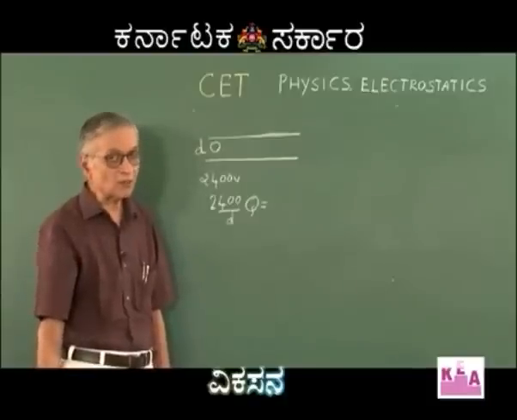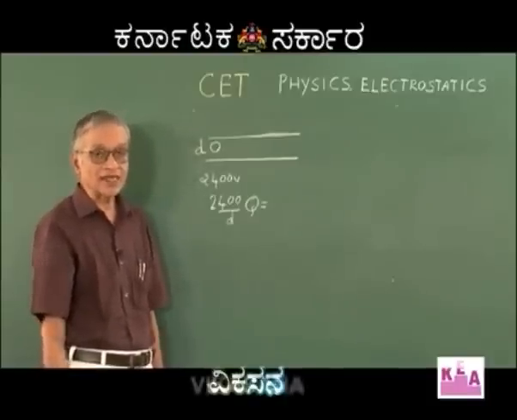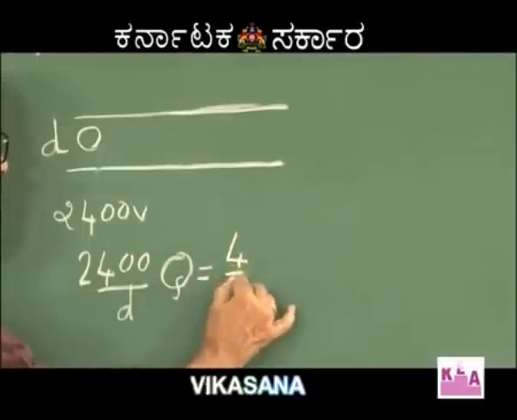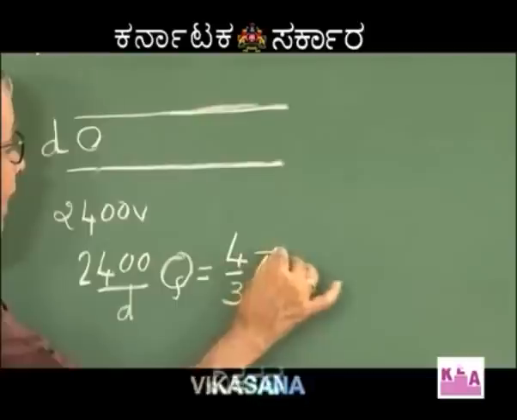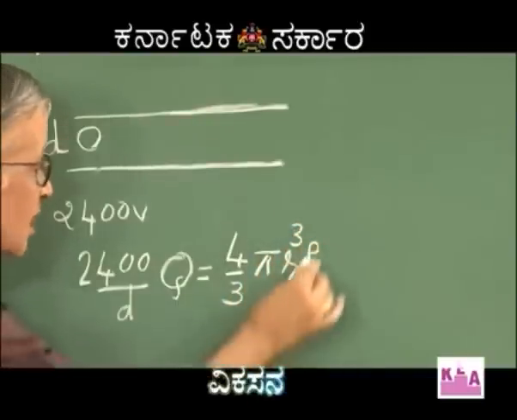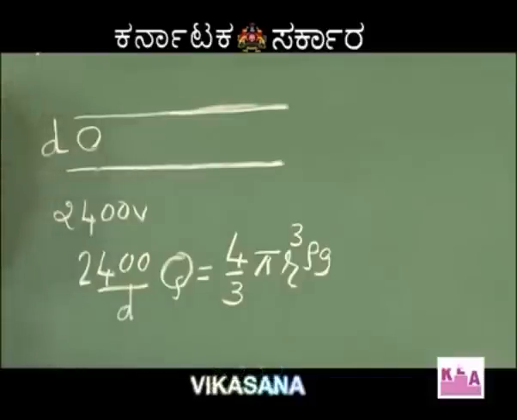If you consider the weight of the drop, if the radius is r, volume is 4 divided by 3 pi r cube into rho will give the mass, into g will give the weight. Therefore, electrostatic force is balanced against the weight, hence the drop is stationary.